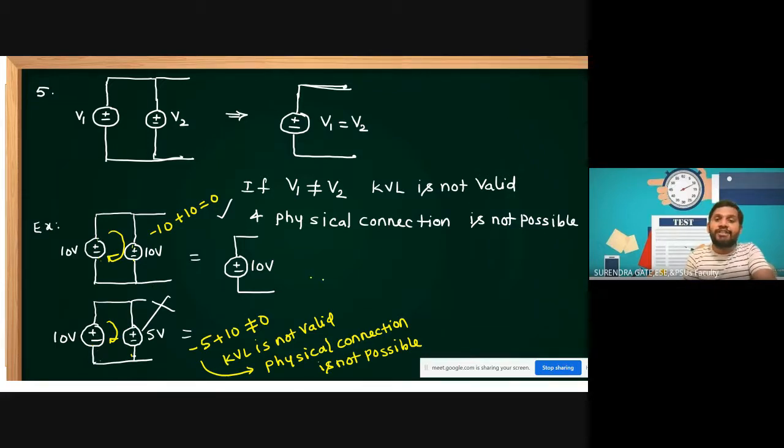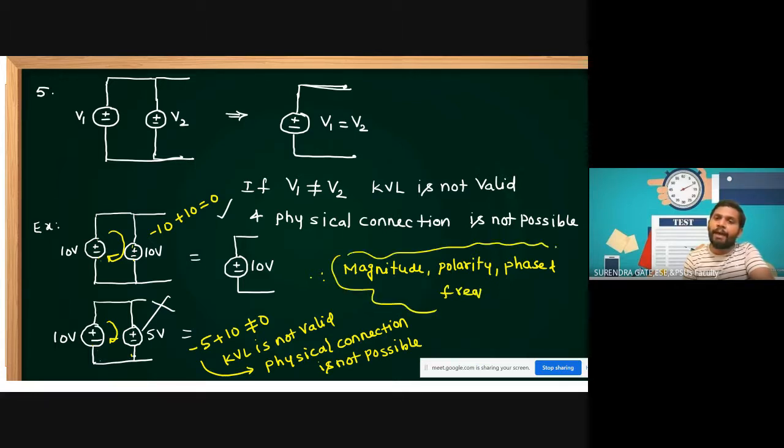But the condition is magnitude must be equal, polarity must be equal, phase angle must be equal, and frequency must also be equal. Then only two sources can be connected in parallel.